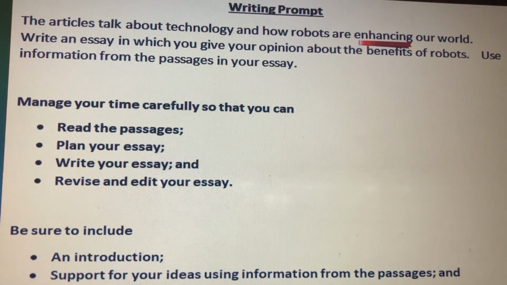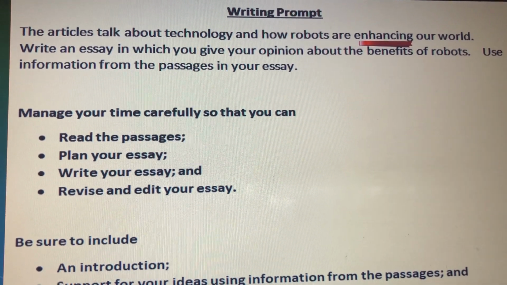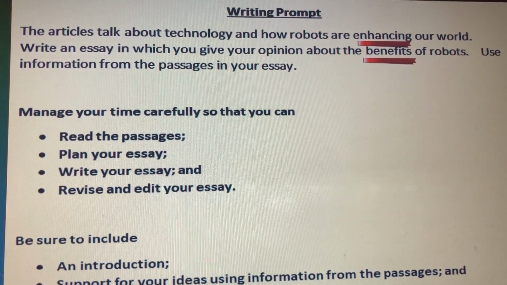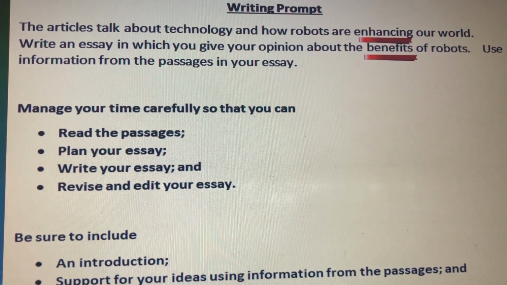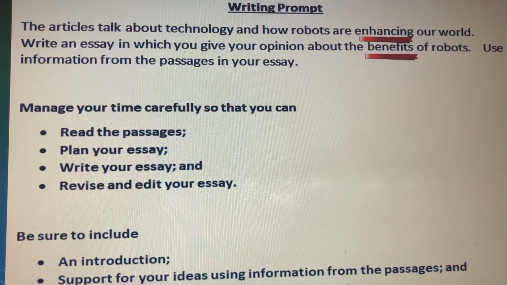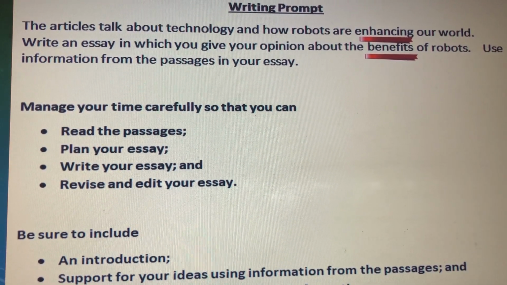So here, when it says enhancing our world, that's just asking, how do robots make our world better? The next word is the word benefit. It also asks that you give your opinion about the benefits of robots. Well, a benefit is what's good about it. What is something that's good or helpful about robots?